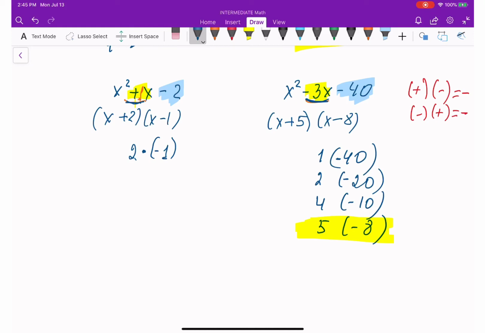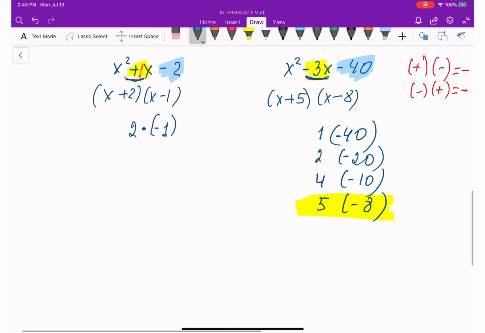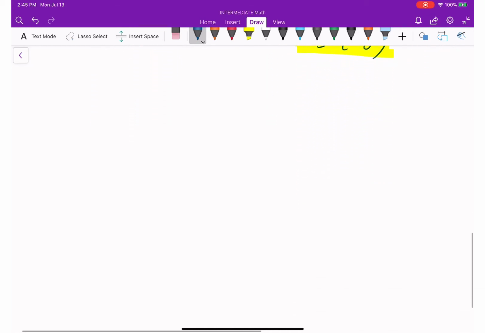Let's do another example like that. So, okay, let me figure it out. Okay, x squared plus x minus 30. All right.